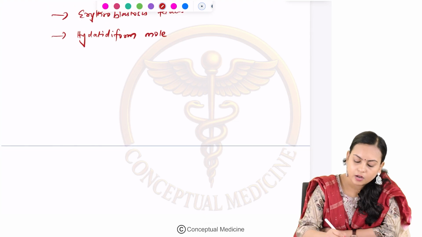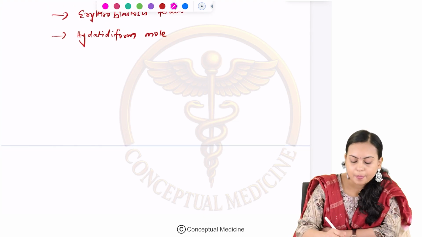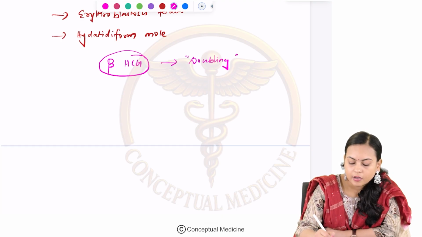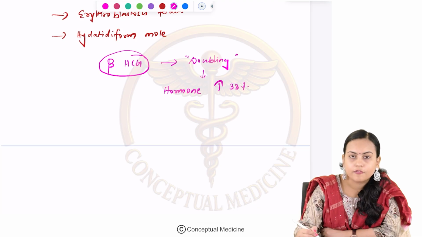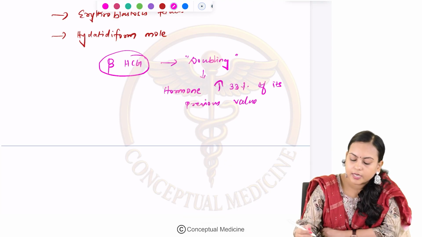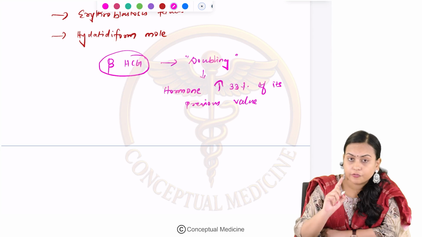Now, basically beta HCG hormone is going to show doubling activity. That means the hormone is going to increase by 33% of its previous value in another 24 hours.